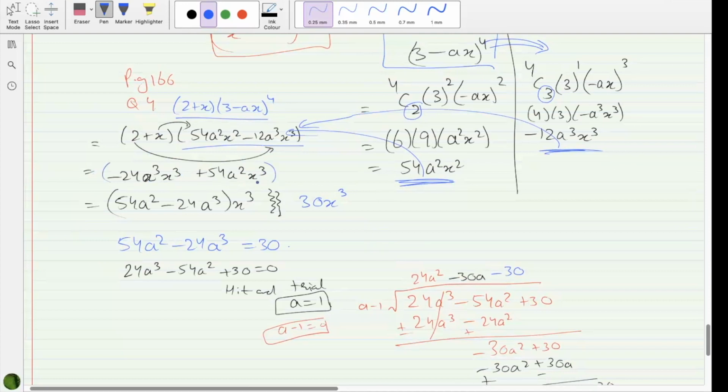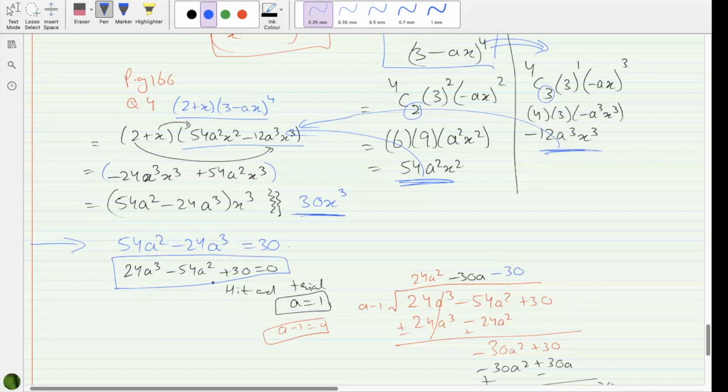After having this, we take out x cube as common to compare it with the given value, that the coefficient of x cube is 30. So in our next step, we copied only the coefficients and equated them. Now this is actually a cubic expression. So we rearrange. This is 24a cube minus 54a square plus 30.